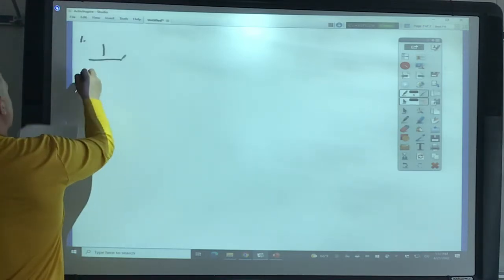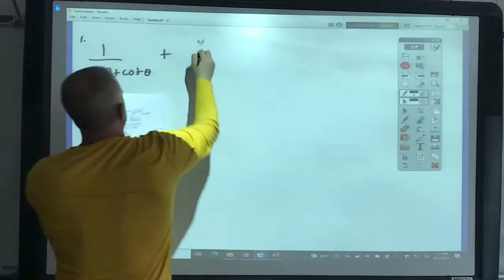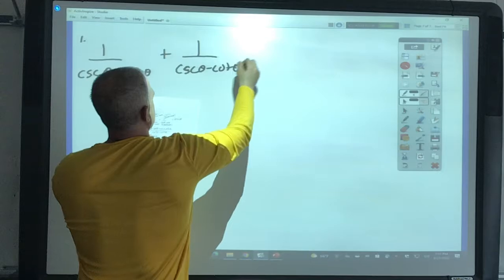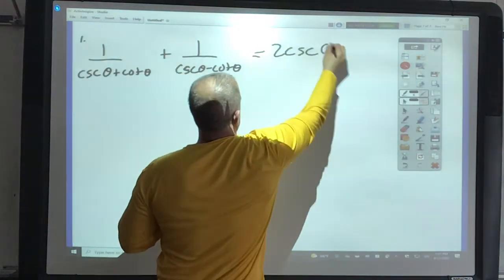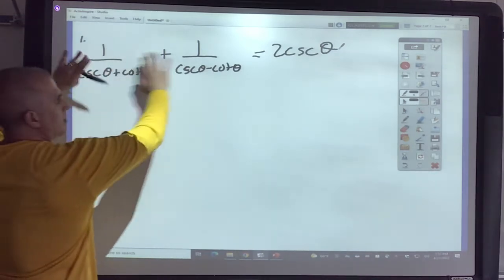So I got 1 over cosecant theta plus cotangent of theta plus 1 over cosecant of theta minus cotangent of theta equals 2 cosecant of theta. Now, what we want to do here is get a common denominator. I want to work this side.